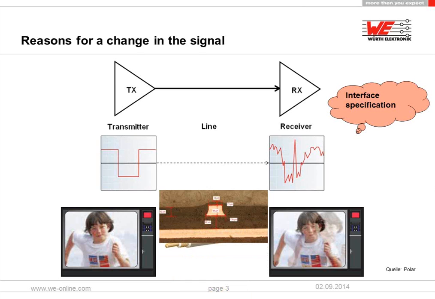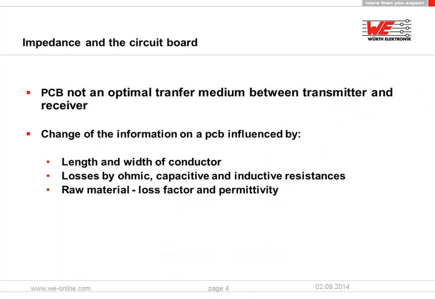The information changes due to, for example, construction details, that means length and width of the conductor, and losses by ohmic, capacitive and inductive resistances, and the characteristics of the raw materials used are changing the signal.